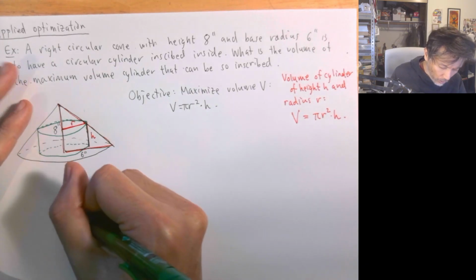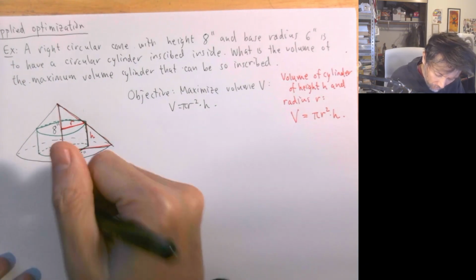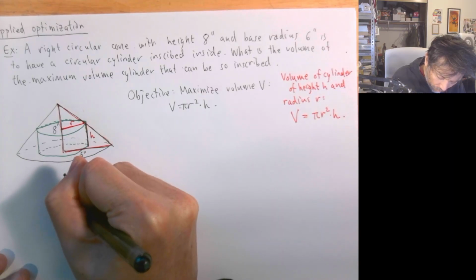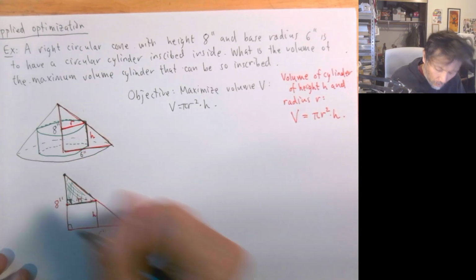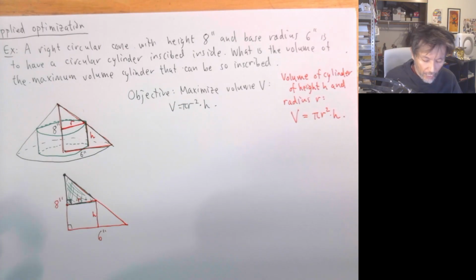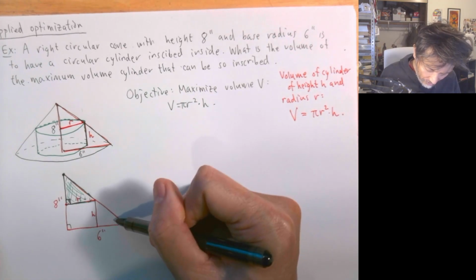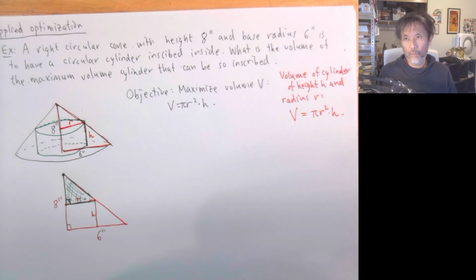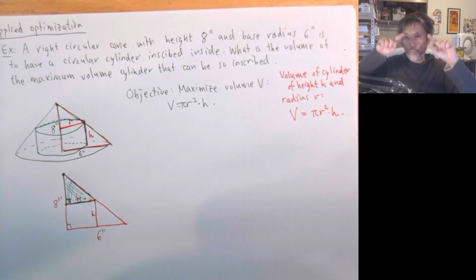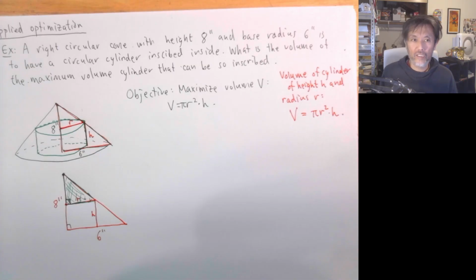You can see that they're both right triangles, and they share this angle right here in common. Therefore, this angle and that angle are the same. And two triangles with all the same angles are necessarily similar. Okay? So we see a pair of similar triangles here.